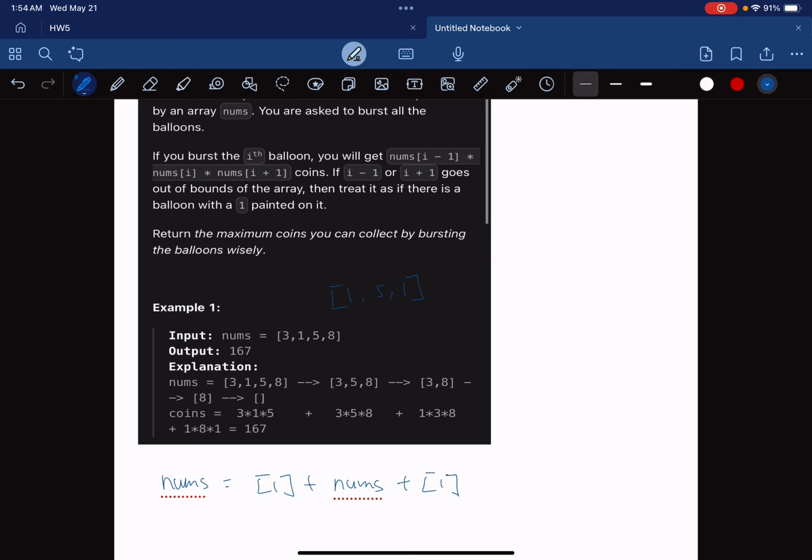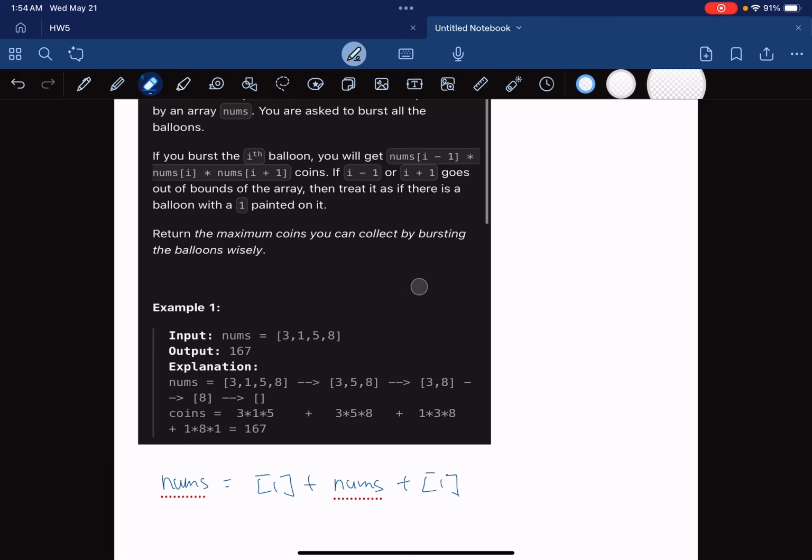For instance, in this question, if we do DP of 0, 2, we want to find the best solution in between 0 and 2, non-inclusive. The only possibility right here is position 1, which is 5. And that's just popping 5: 1 times 5 times 1 equals 5. So we're always looking for places not considering the beginning and not considering the end. It's always exclusive.